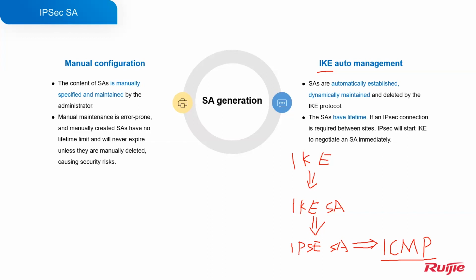Everything will be located in the IPSec SA. So the IPSec SA is very important. In the next part, we will explain the 2 security protocols, AH and ESP, in detail: the difference between these 2 protocols and how to protect our message more securely. Okay, so the first part is ready. Thank you.